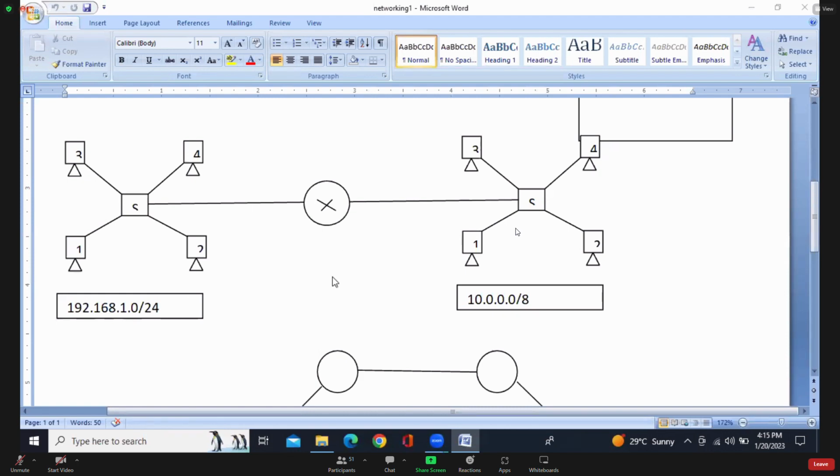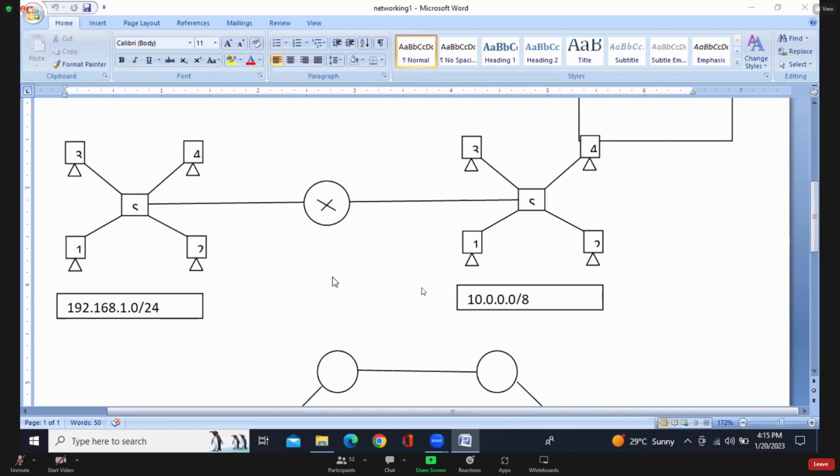Heading routers. Router function. Router is an intelligent device. It will maintain routing table. First point, router is an intelligent device. Second point, it will maintain routing table. Third point, it will enable the communication between two different logical networks. Fourth point, it will decide the best path to reach the destination.